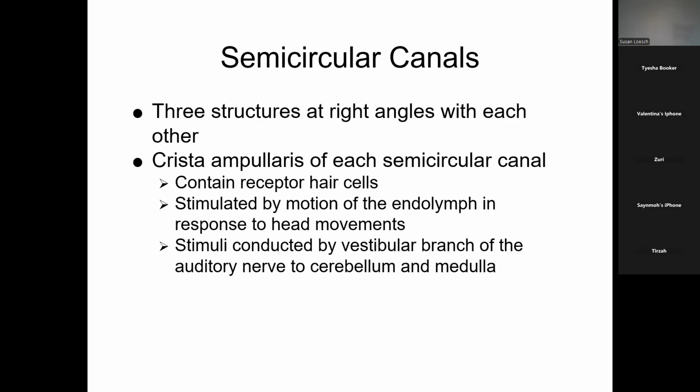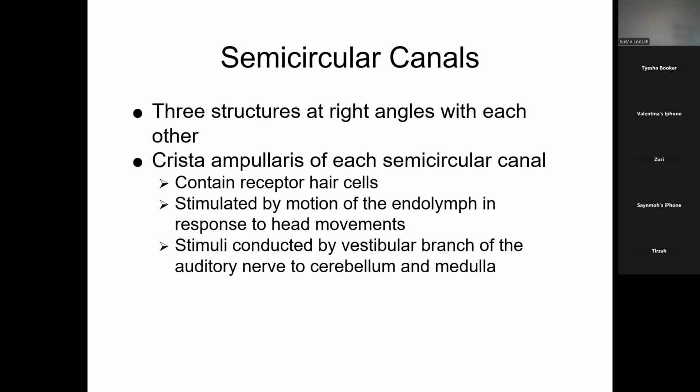The receptor hair cells there can be stimulated by the endolymph fluid whenever you move your head or change position. So that's important because that's going to help you maintain balance.